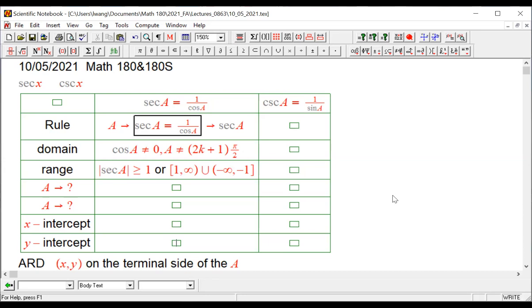Because it never crosses the x-axis, because the output is either above 1 or the same level as 1 or below -1. So there's nothing in between, right? So there's no x-intercept. That's very good. How about the y-intercept? It would be (0,1). You just plug in x equals 0, and sec 0 equals 1.